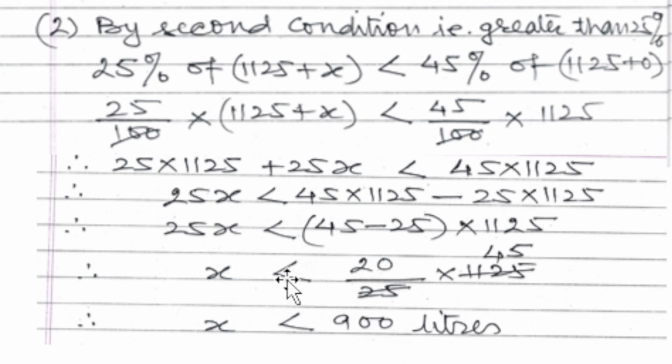Therefore, x is less than 20 upon 25 into 1125, because 45 minus 25 is equal to 20. So dividing 1125 by this 25, we get 45 over here. Now 45 into 20 is equal to 900. Therefore, x is less than 900 liters.